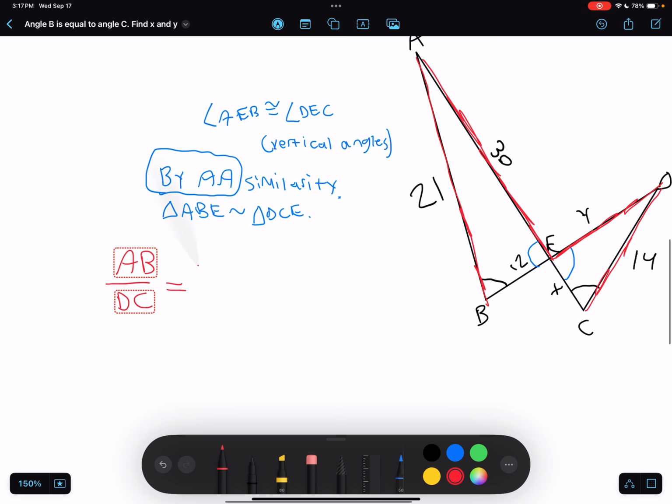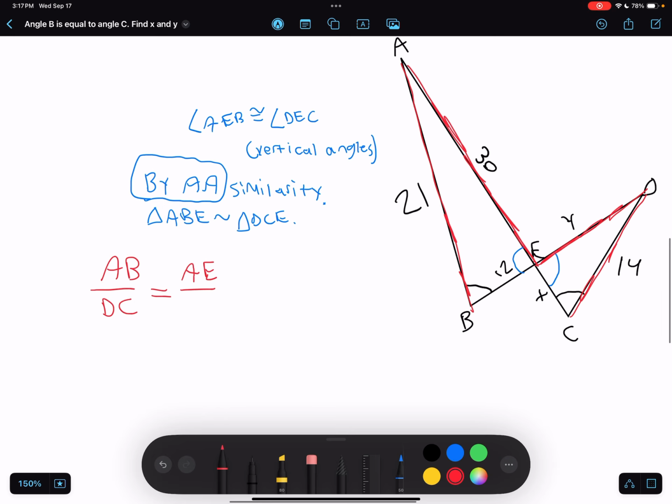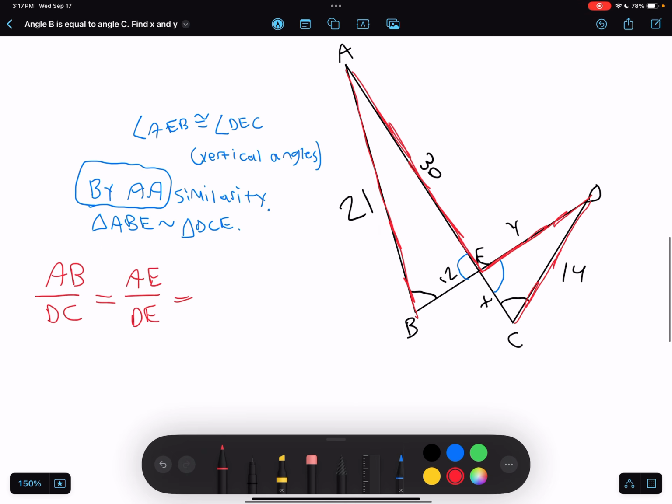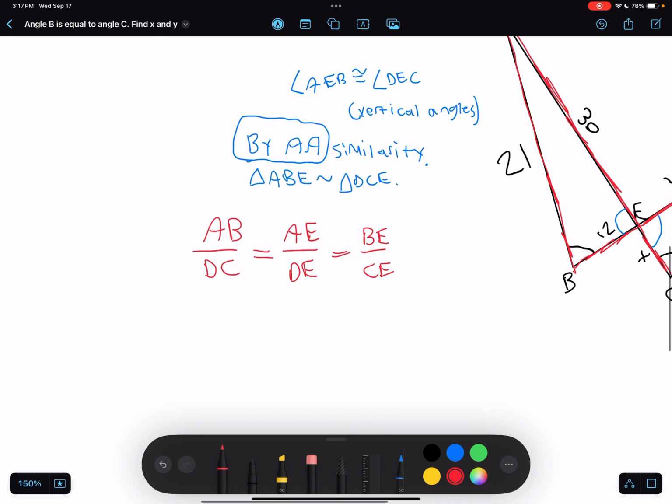We have to write this in the correct order: AE, the larger triangle, is going to be on the top, and we've got DE, the smaller triangle, on the bottom. And finally, we have side BE down here, and CE, the shortest side. So BE and CE.